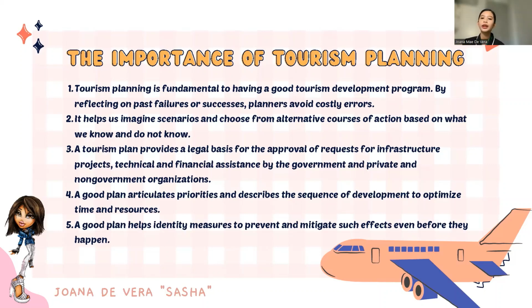Most importantly, they serve to get the ball rolling and open the discussion about what the destination could be or should be in the future, which can lead to the creation of a tourism master plan or destination management strategy to help realize the future that the stakeholders would like to see.